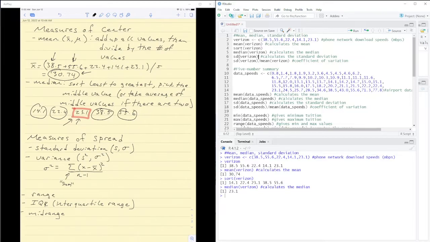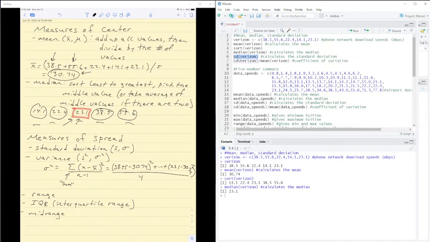So if I were to calculate variance by hand for this problem, it would look like each value minus the mean: 38.55 minus the mean, squared, plus, and I would do that for all of them, 23.1 minus the mean, squared, and then all of that divided by 4, because there's 1, 2, 3, 4, 5, and this is n minus 1. So your variance will be whatever that is, and your standard deviation is the square root of that.